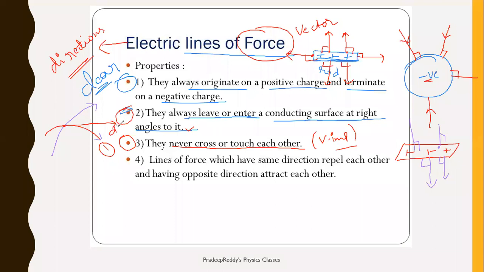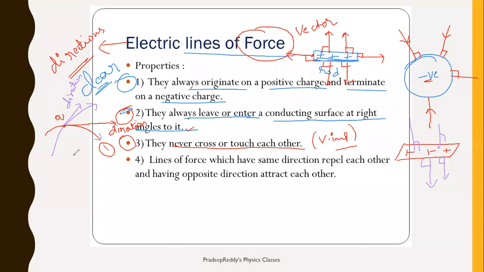That means if you take a test charge and place it over here, in which direction is it supposed to move? In the direction of this red ink. Similarly, if I place the same test charge at the same point, this violet line represents that it should move in this direction.